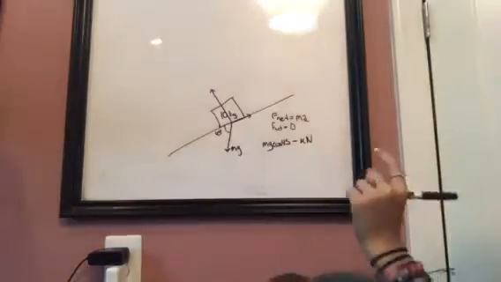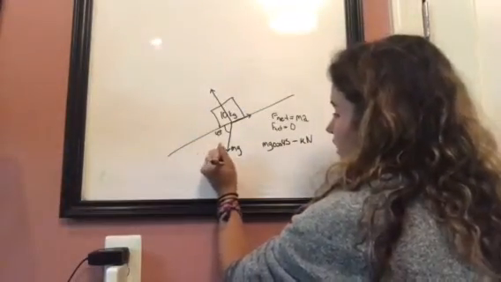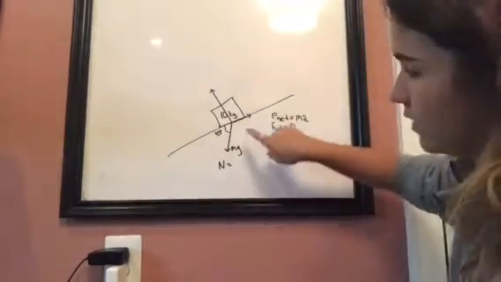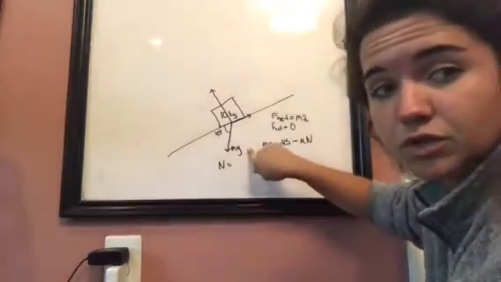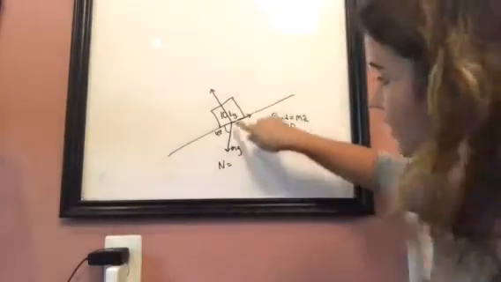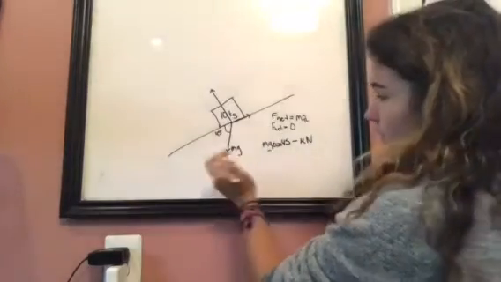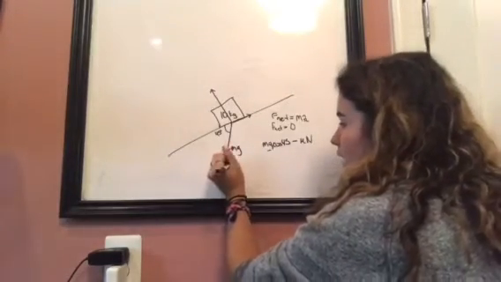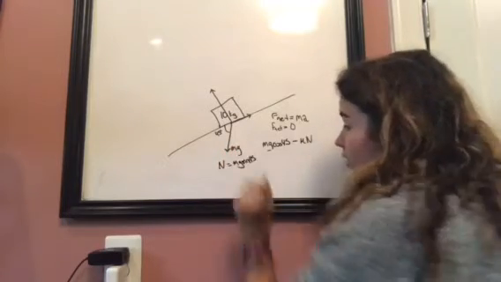In calculating the normal force, this is where it gets a little trickier. The normal force has to be balancing out the part of the gravitational force that is in the y direction. So as opposed to it being cosine 45, you now have the normal force being equal to mg sine 45.